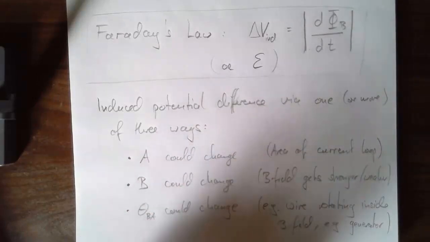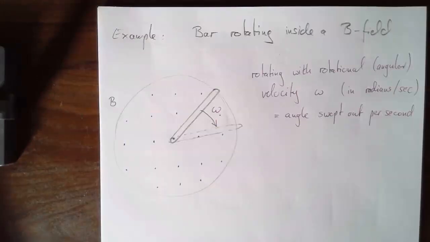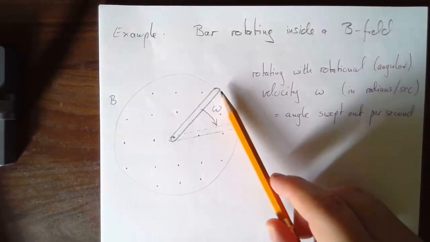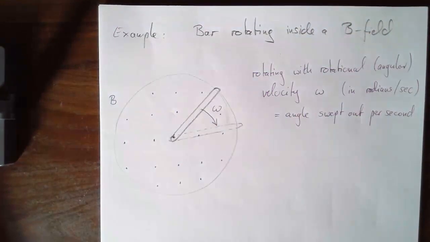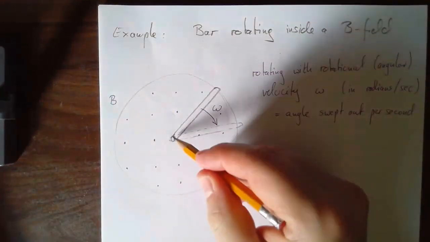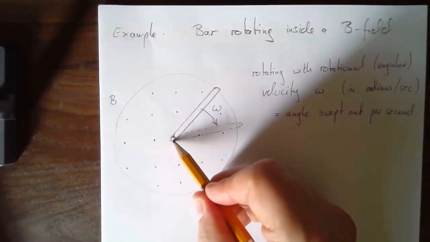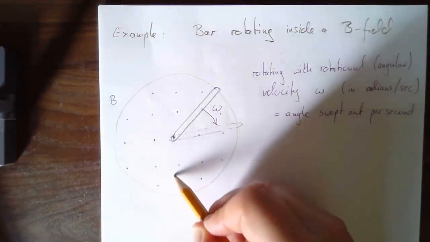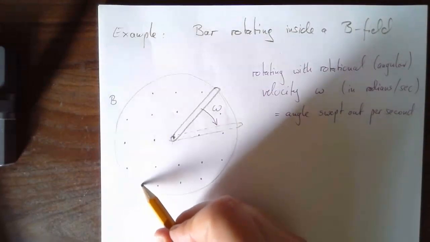So let's look at another example. Imagine there's a conducting bar shown right here, and it's rotating inside a magnetic field. Maybe there's some kind of pin here, and this bar itself might be conducting too, and I could imagine I have a cable that starts here, goes down underneath the table, and hooks up to the bar here.